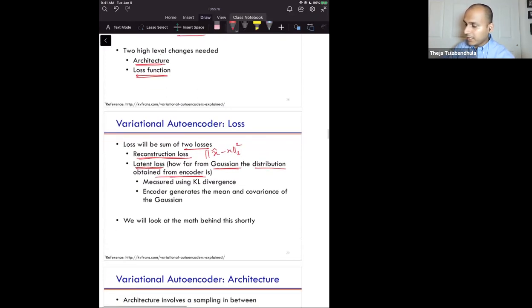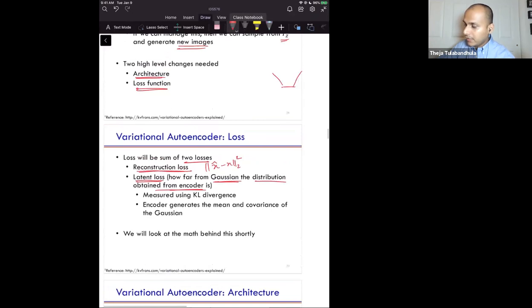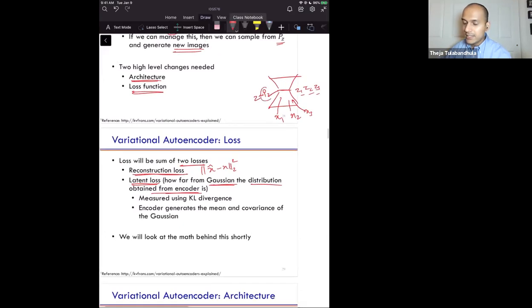Recall that we have this VAE, and we're getting z's, but we want z's to be from a distribution p of z. We already have an encoder. For every data point x1, x2, x3, we pass through the encoder and we get z1, z2, z3. If you look at their empirical distribution, we want the distribution to be as similar to a Gaussian as possible. If it's not Gaussian, we're going to penalize our model.